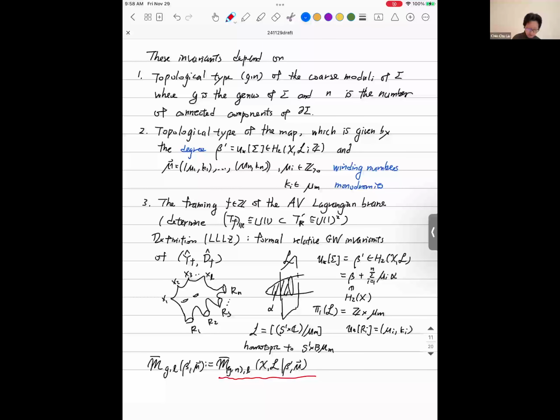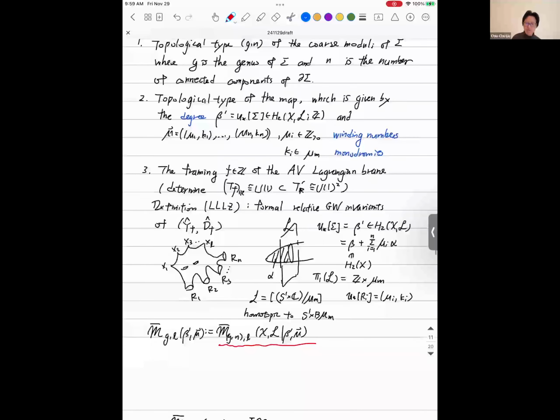The invariants will also depend on a framing of the Aganagic-Vafa Lagrangian brane. The framing enters when we define the invariants, so the moduli space only depends on one and two.